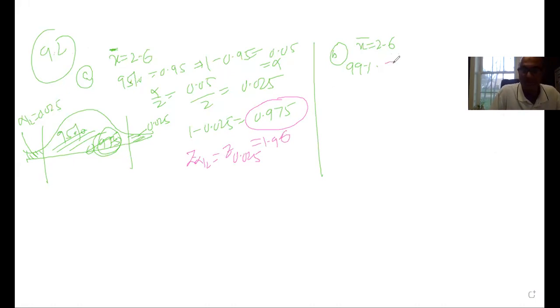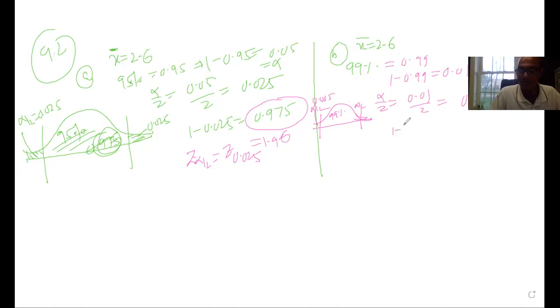Same way here, that is equal to 0.99. So 1 minus 0.99 is equal to 0.01, and that is my alpha value. So alpha by 2 is 0.01 by 2, so 0.005, and this is a very small interval, a very small space. This is my alpha by 2, and this is my alpha by 2, 0.005, and this is my 99%.